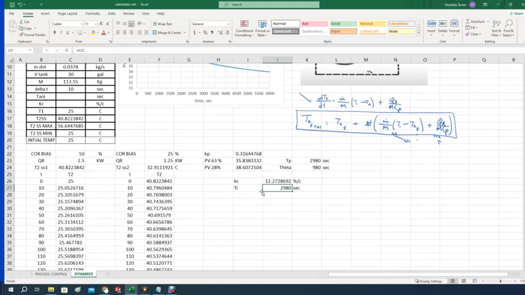Now, tau I is interesting. Tau I, sometimes you can go around and say, hey, this is pretty much the same as the process time. So in other words, the integral time, you're going to make it the process time, and you're going to make it 2980.